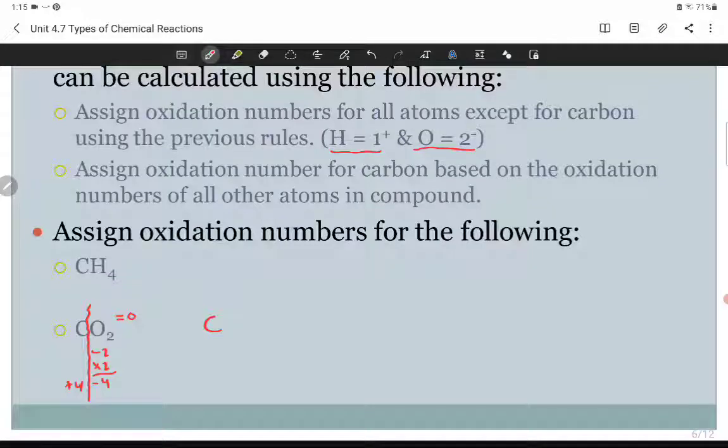So what we would say is that carbon has a +4 oxidation state, and oxygen has a -2 oxidation state. Each oxygen. You don't look at collectively all the oxygens, you look at each one individually. So it said hydrogen was generally going to be a +1.